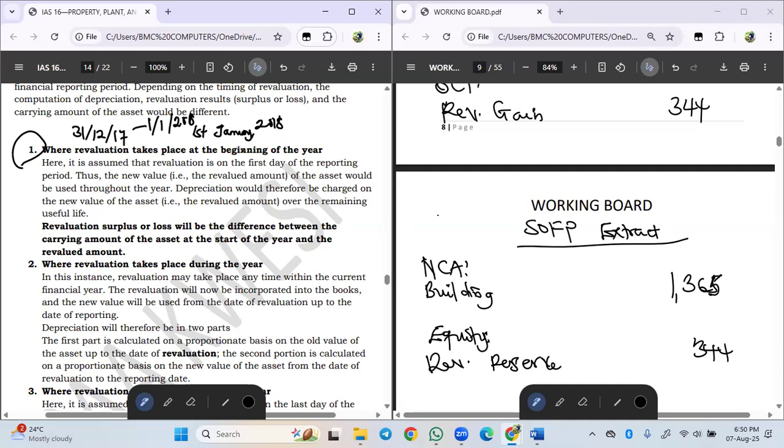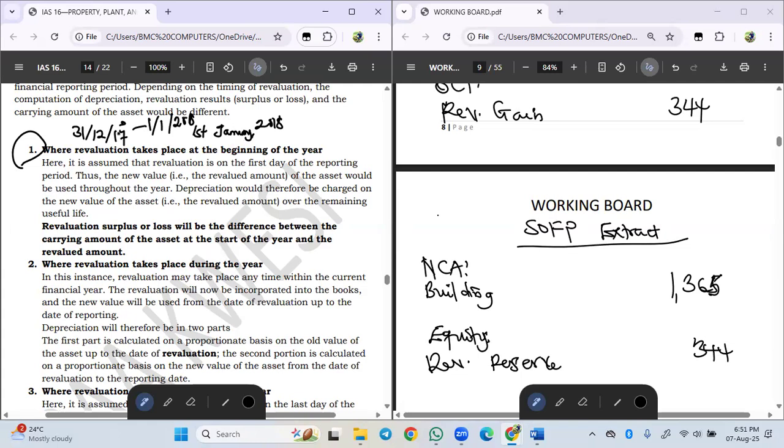The revalued amount. One will ask, how are you going to determine your revaluation surplus or revaluation loss? So you calculate your carrying amount as at 31st December the previous year, here 2017. Then you compare that answer with your revalued amount as at 1st January 2018. That will give you the revaluation gain or loss.